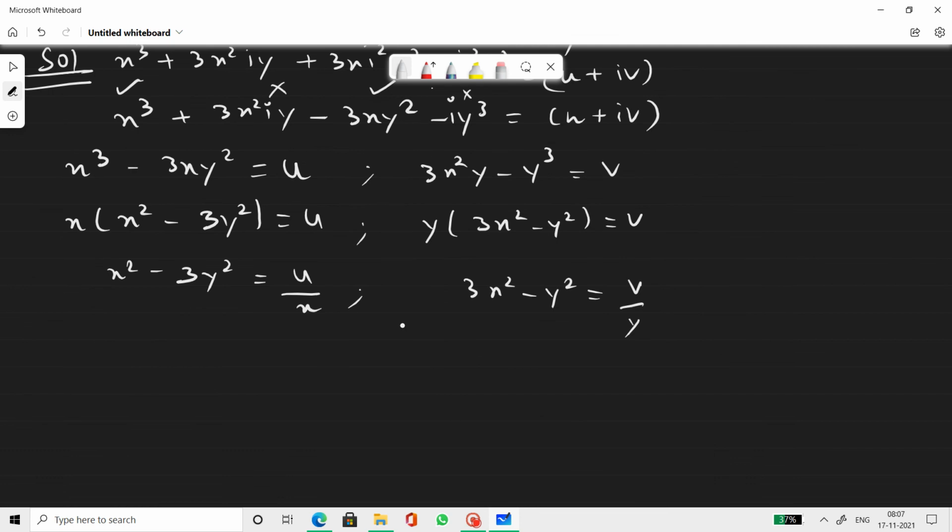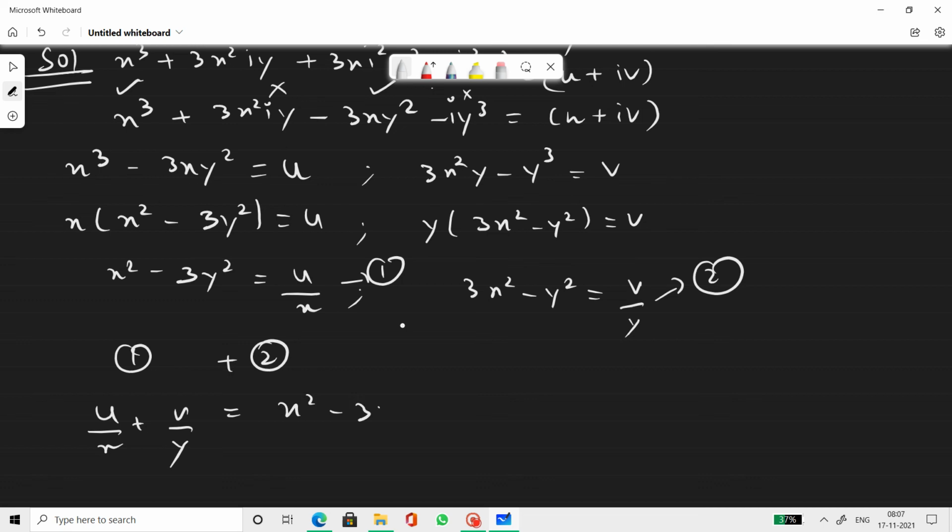Let's take this as 1 and this as 2. So I'm going to add 1 and 2. On the left side, I'll get u/x + v/y. On the right side, I get x² - 3y² + 3x² - y².